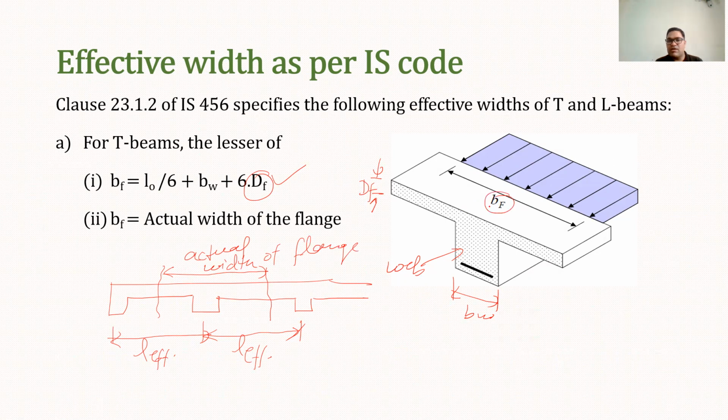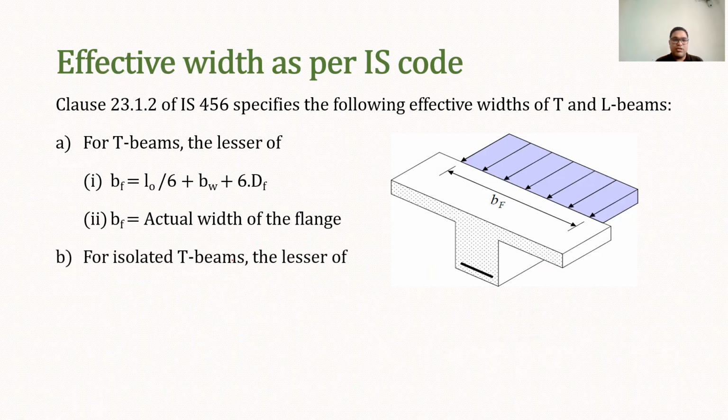This BF that we have assumed will always be less than this actual width of flange. So we only consider the lesser of these two. And generally, our BF is governed by this first formula.